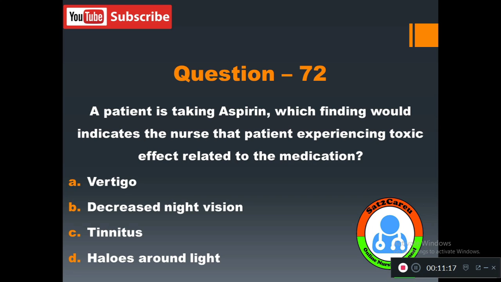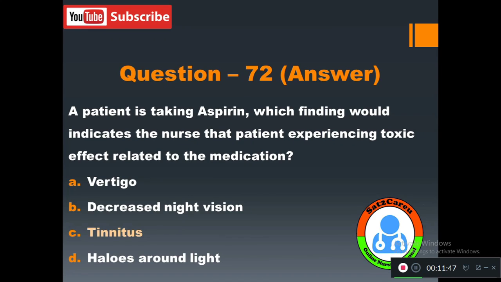Which finding would indicate to the nurse that the patient is experiencing a toxic effect related to the medication? Option A vertigo, B decreased night vision, C tinnitus, option D halos around light. When a patient takes aspirin, a symptom like tinnitus, ringing sound in the ears, indicates a toxic effect of the drug, so option C is the right answer.